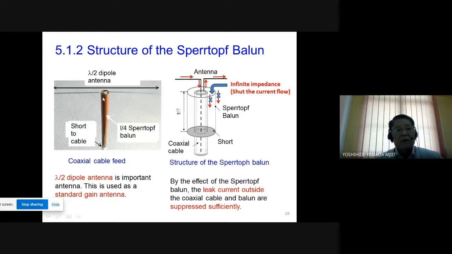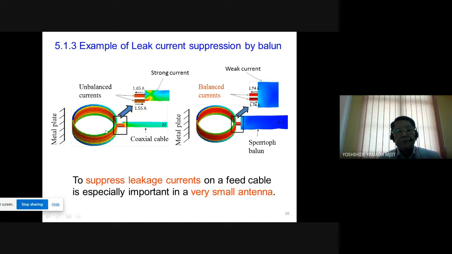Attached here. So this suppresses the leakage current. So this also, only the coaxial cable and covered by the sleeve-top balloon. Then the current flow on the cable becomes very suppressed.